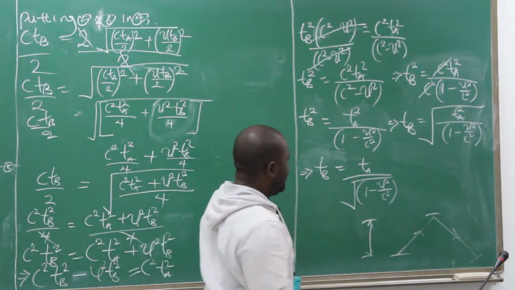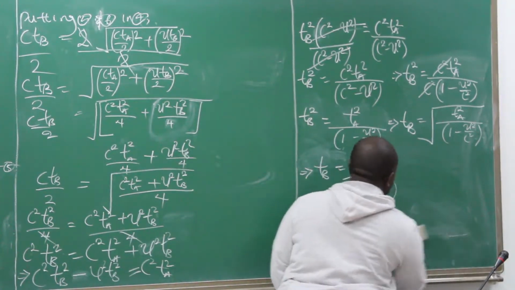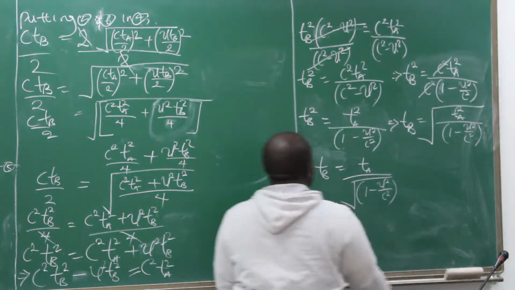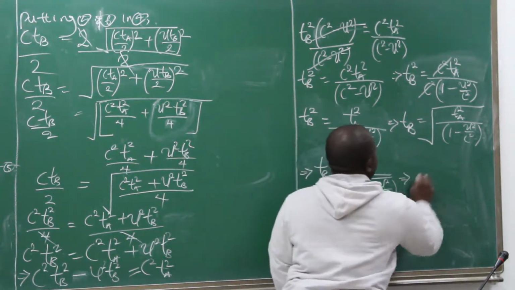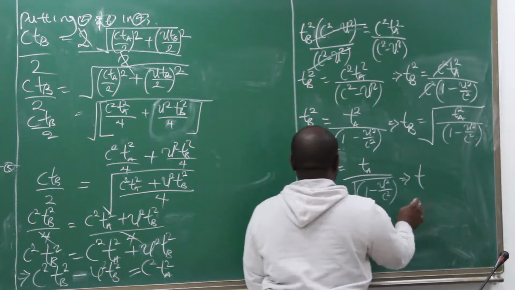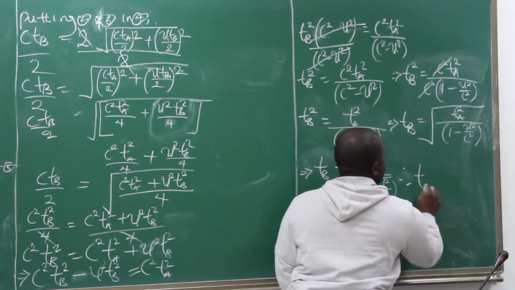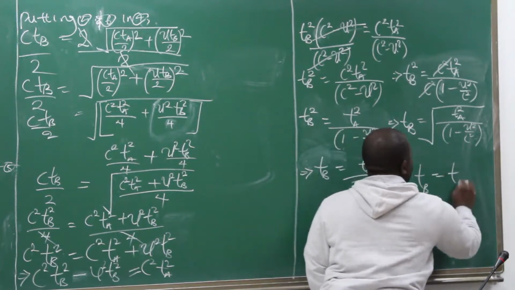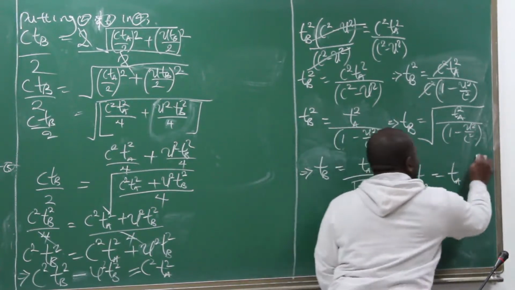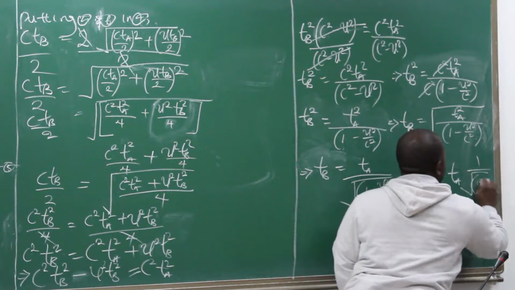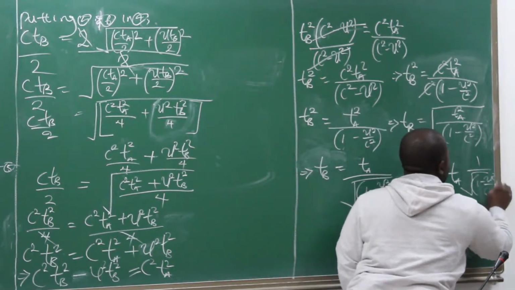And then we have, so we now know that, therefore TB is the same thing as TA, but with this factor, 1 minus U squared all over C squared.